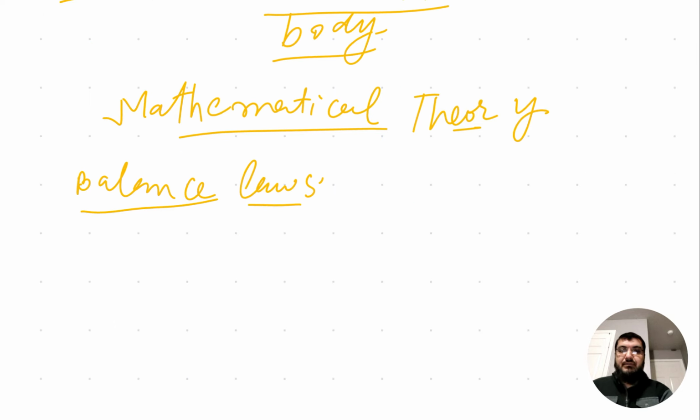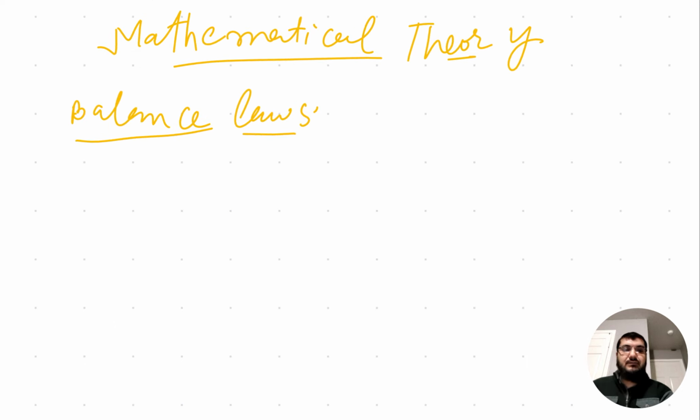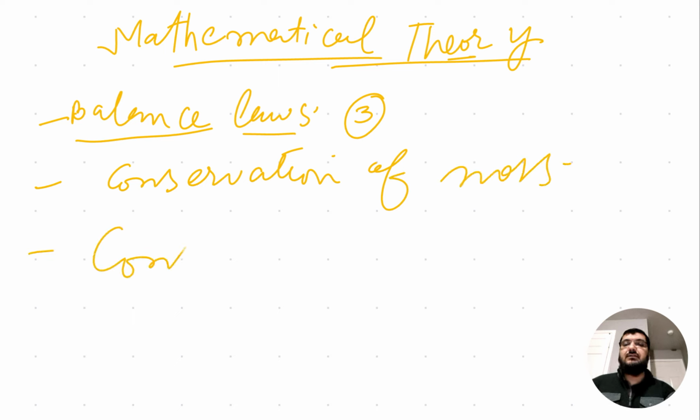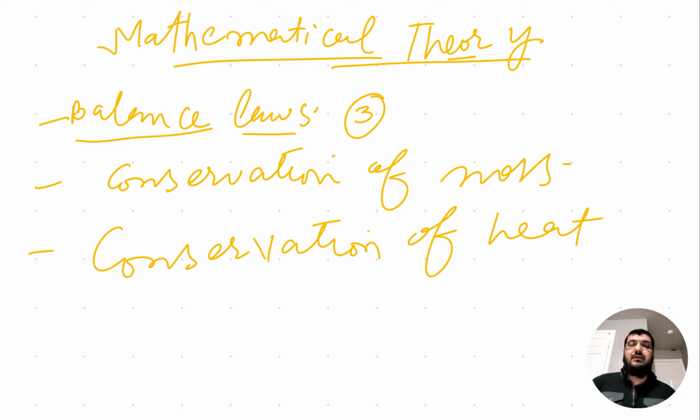So you have to make a mathematical theory or differential equations including balance laws. So three equations of balance laws: one is conservation of mass, and second is conservation of heat. So you have conservation of heat as a two equation.